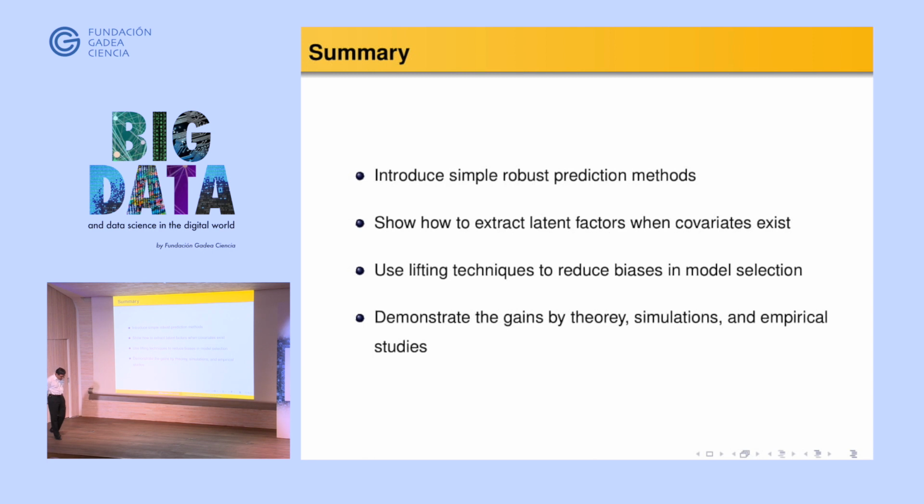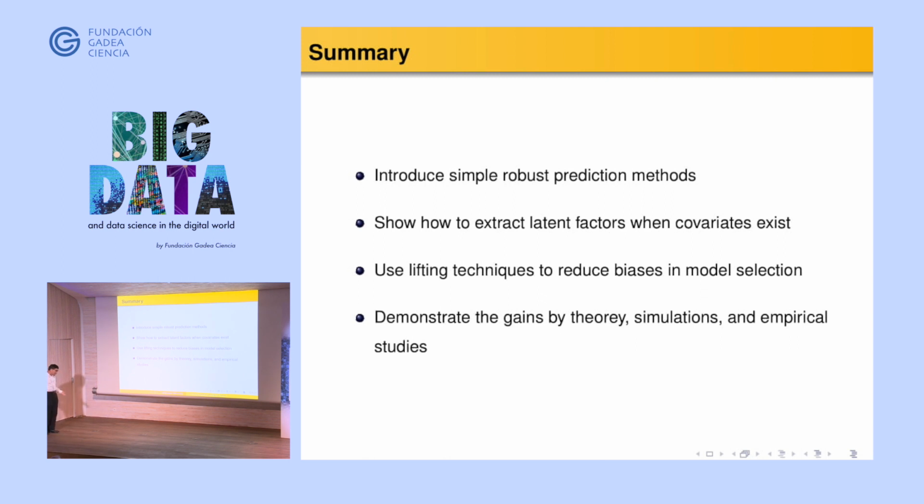Because when you do principal components, typically you have augmented information. When you do bioinformatics studies, you have clinical and other information that are available to you, or across different platforms. And then third, we introduced what we call the lifting technique, by decomposing your data into a common factor plus an idiosyncratic part.